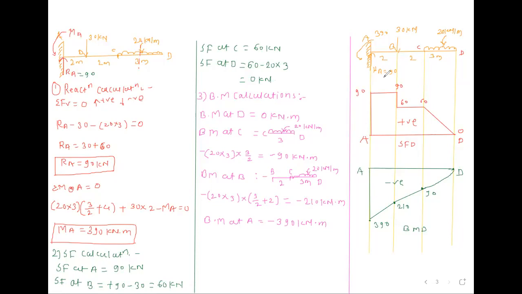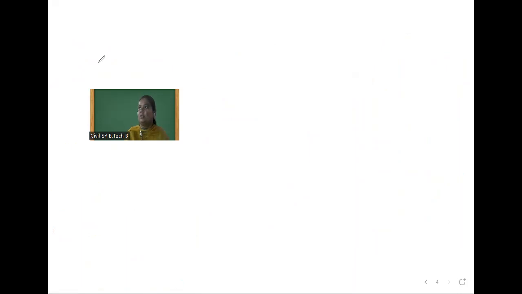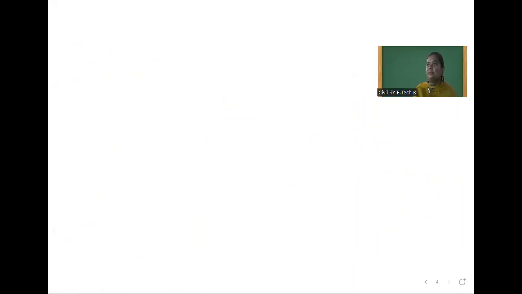Okay. So we will take the last example on this cantilever beam, and I am expecting answers from your side. Very simple example. Cantilever means, please remember, one end is fixed and other end is free. Because your examination is MCQ based, questions are going to ask types of beam or connection of SFD and BMD.